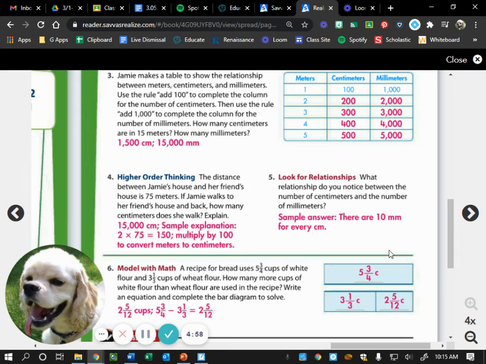It asks, what relationship do you notice between the number of centimeters and the number of millimeters? My book said there are 10 millimeters for every centimeter. You could have said you multiply the number of centimeters by 10 to get millimeters, or you divide the amount of millimeters by 10 to get the amount of centimeters. Anything like that. Addie?